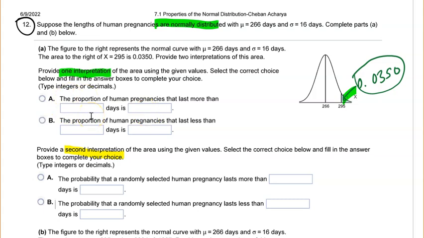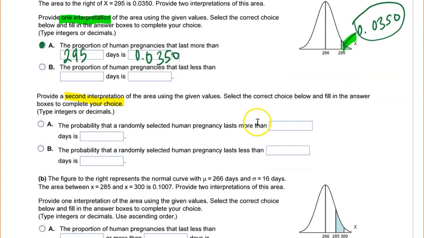Since this is more than 295, you choose "more than," not "less than." Choose answer A: the proportion of human pregnancies that last more than 295 days is 0.0350. That's the one interpretation.